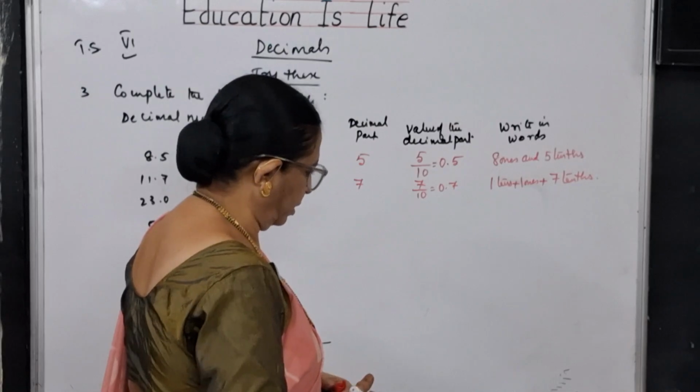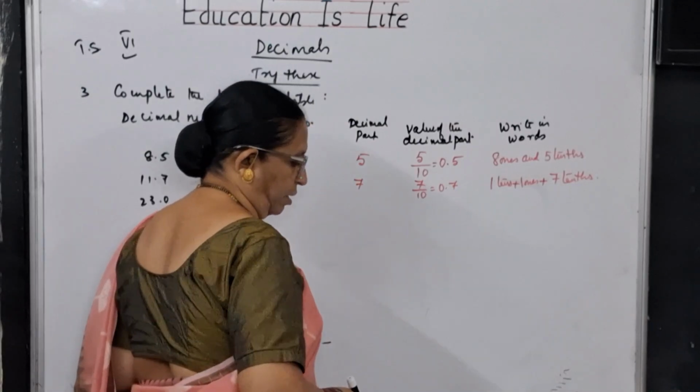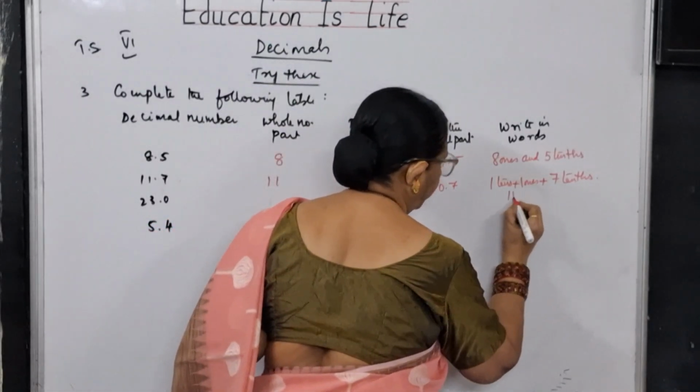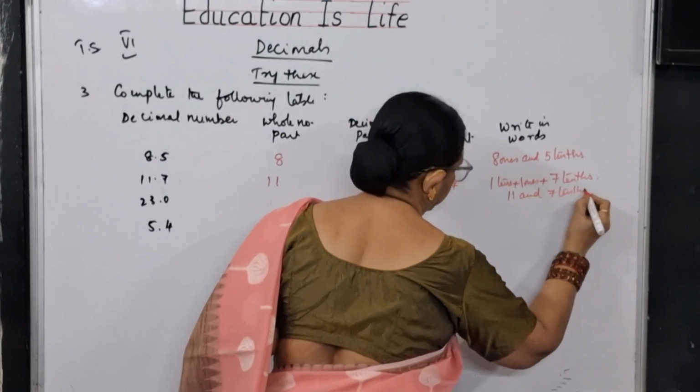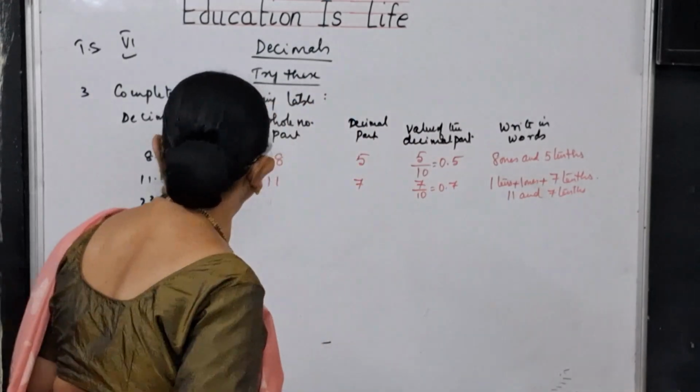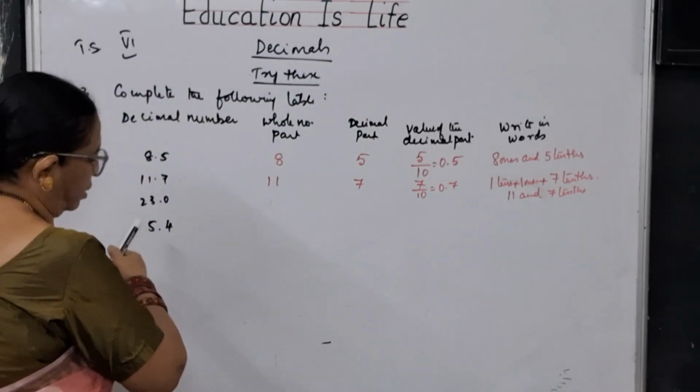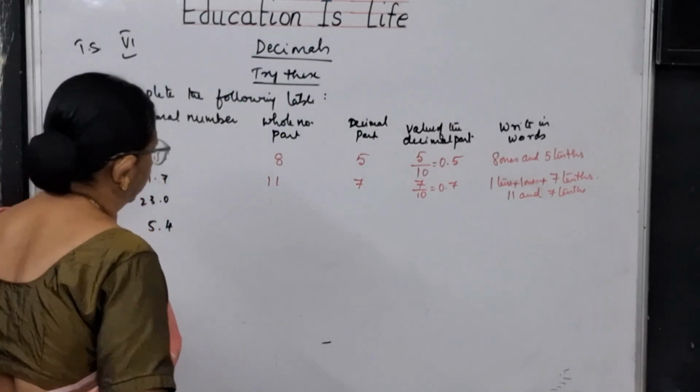You can write it like this. Otherwise, you can write it as 11 and 7 tenths.